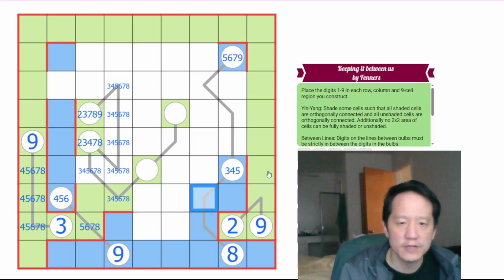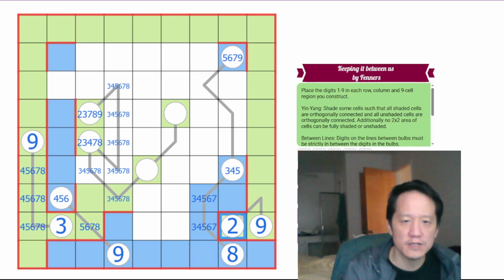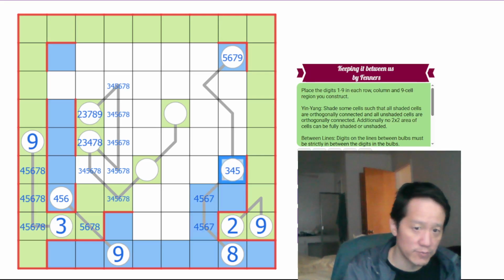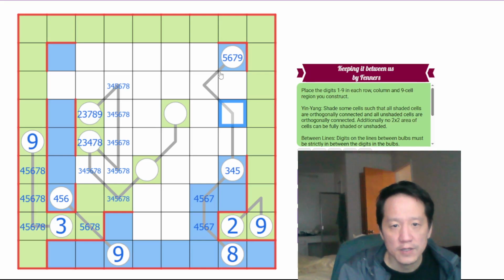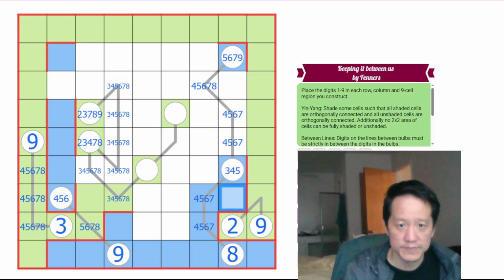But this is actually 3 through 7 because 8 is one of the ends. So this can't be 3 either because 3 can only be one of the boundaries here. This is essentially 4 through 8. And these can't be 8 here because of this 8. This is 3 through 8. That's fine.